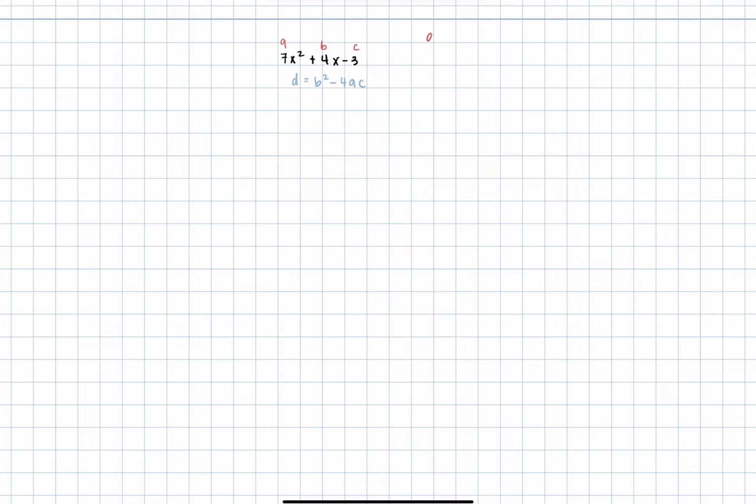Our a value is 7, our b value is 4, and our c value is negative 3. So b squared is 4 squared, minus 4 times 7 times negative 3. 4 squared is 16. Negative 4 times 7 is negative 28, and negative 28 times negative 3 is positive 84. So 16 plus 84 is 100. Our discriminant equals 100.